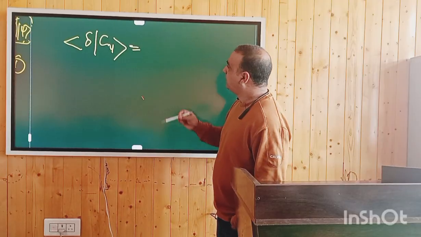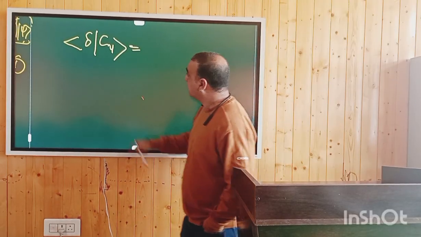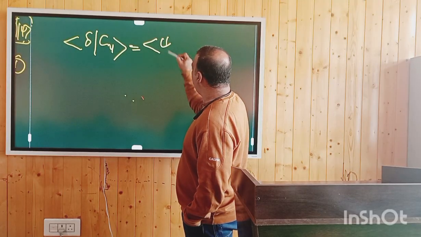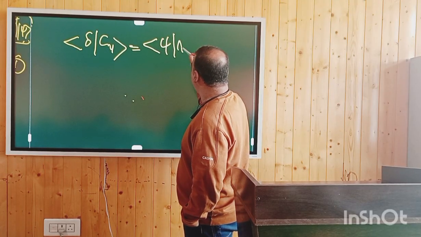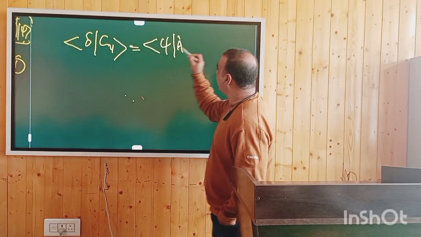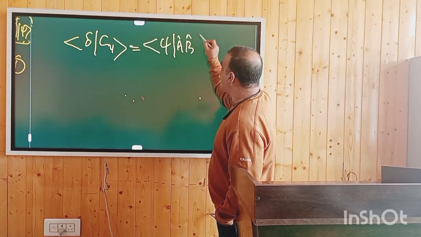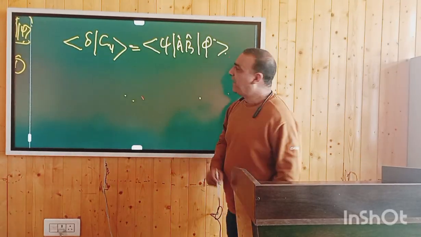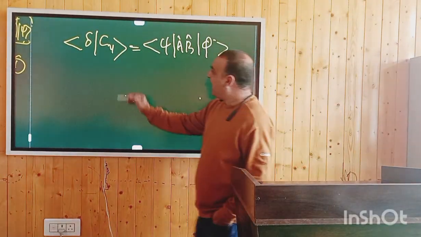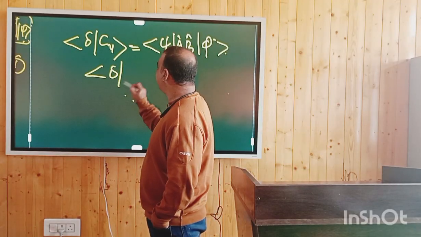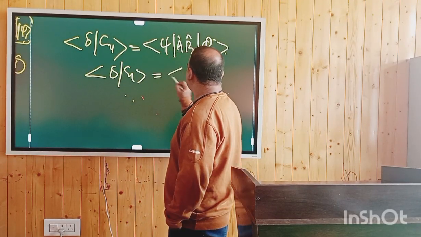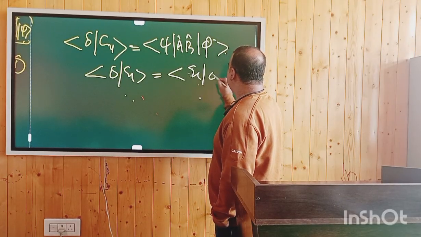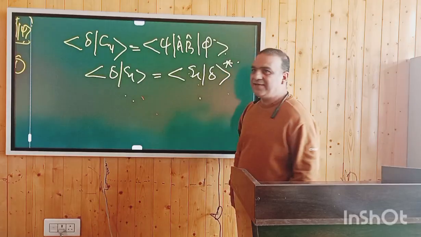For delta I have psi and then A cap. For zeta I have B and phi. You check it. Now, can I say that the inner product of delta and zeta is the complex conjugate of the inner product of zeta and delta, the star? I can say that, right?